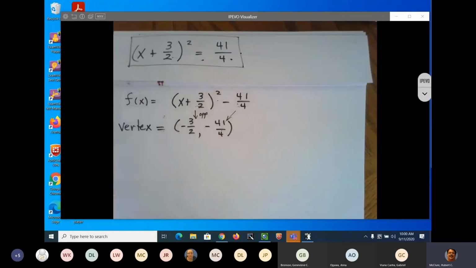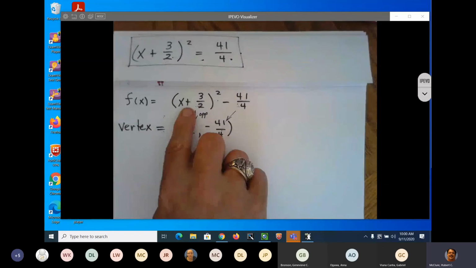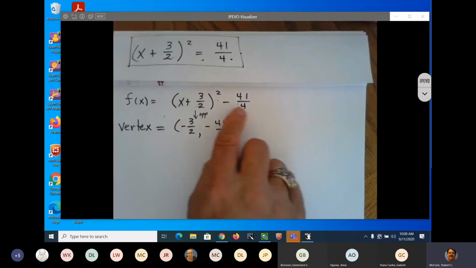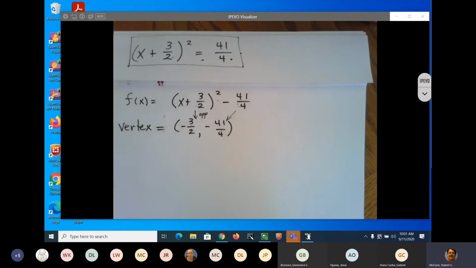That was your vertex. Or you said the horizontal shift is negative 3/2 and the vertical shift is negative 41/4. You were basically finding the vertex. Now we're ready pretty much to solve for x.